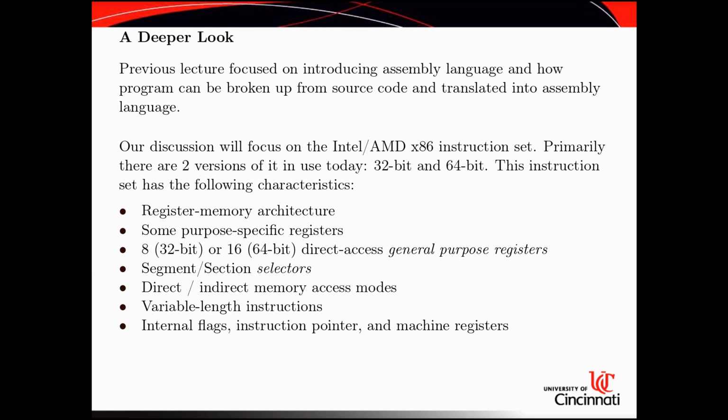So they have it set up so that if they want to introduce new instructions, they can basically make them longer if they want. And then finally, in addition to the registers above, it's got what are called machine registers, which provide insight into hardware. Those of you who've had to do embedded system programming might be very familiar with this concept. The instruction pointer itself is a register.